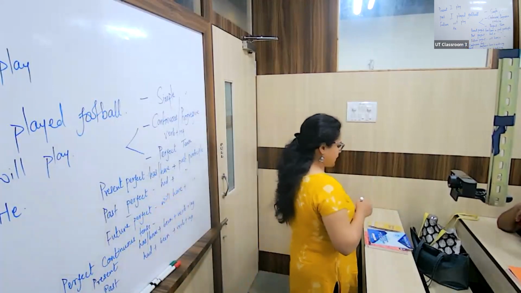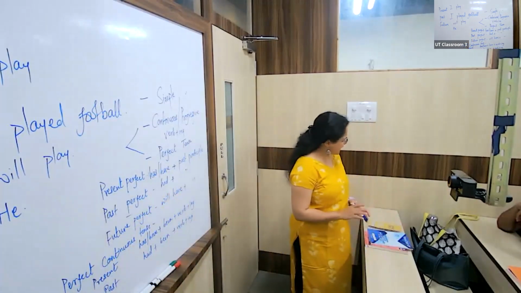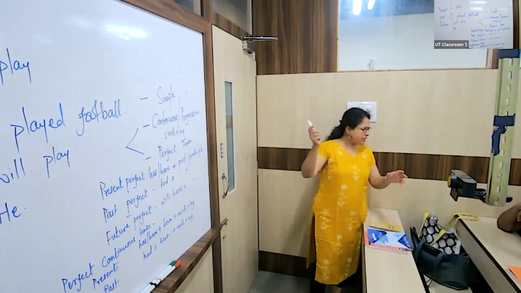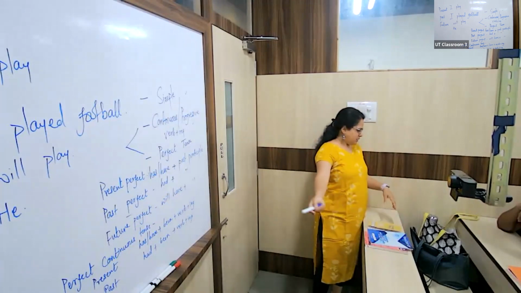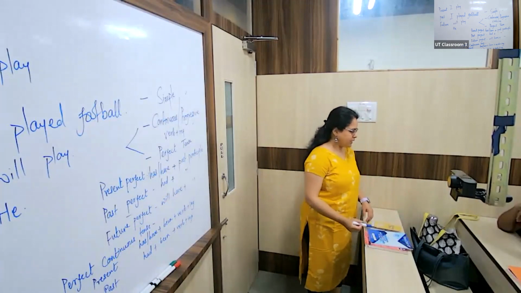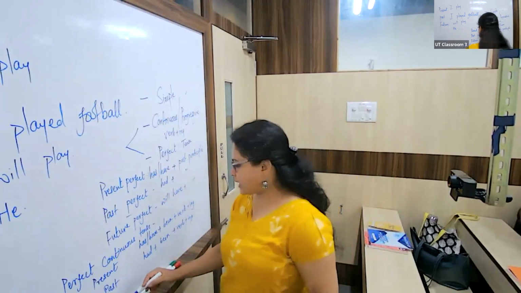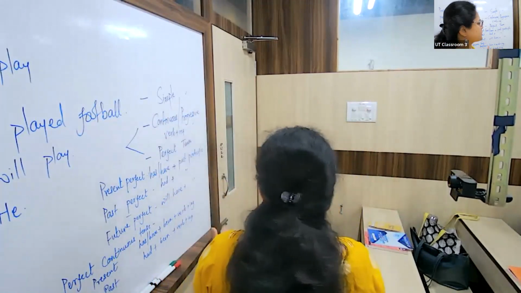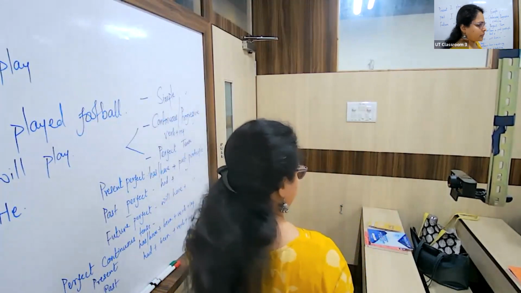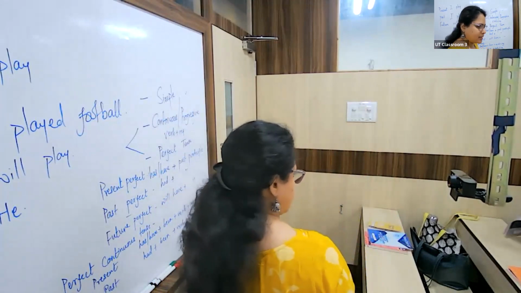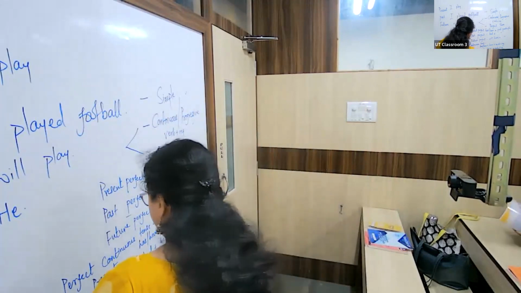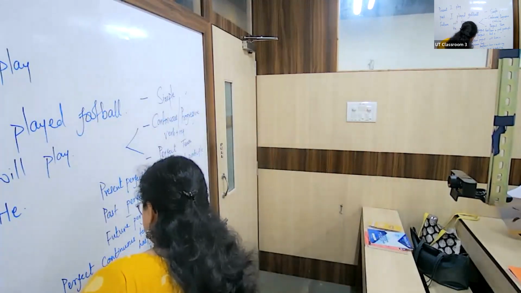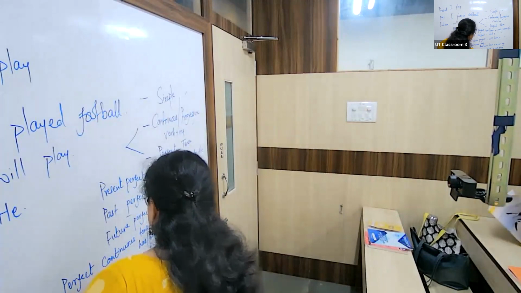And future perfect continuous is not used very much. Will have been. If you want, you can write it, but it's not used a lot in sentences. But for your information, I'll give you that as well.